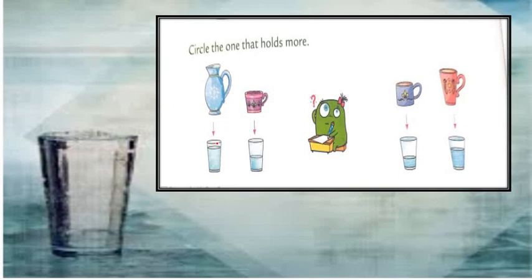About this pair, if you observe, we can say that this jug holds more liquid inside it. So we have to make a circle around it. For this pair of mugs, by observing this, we can say that this mug holds more inside it.